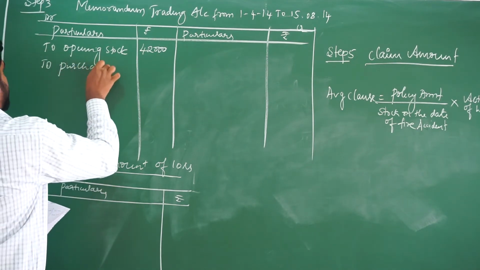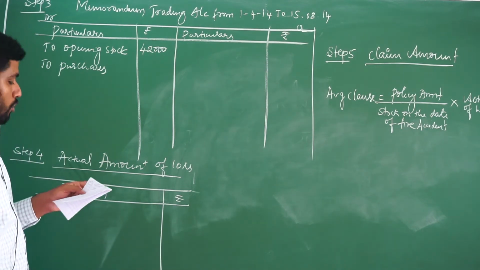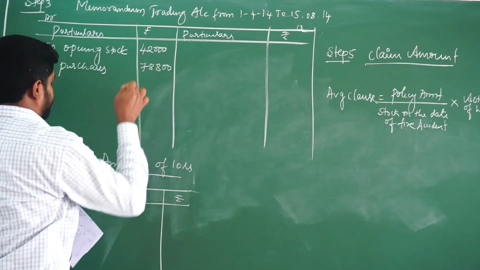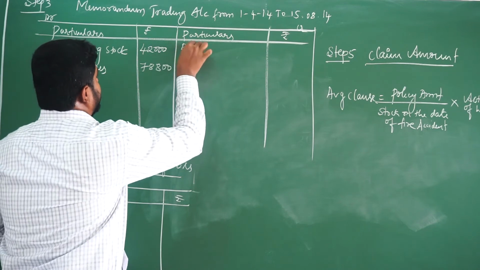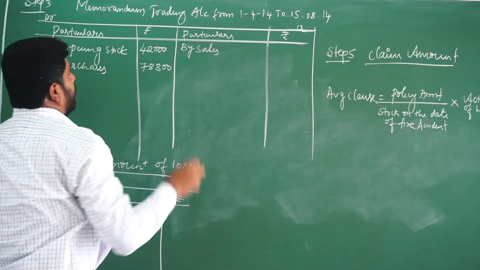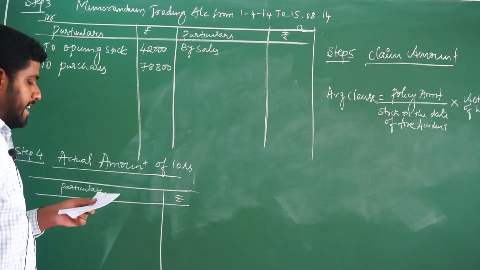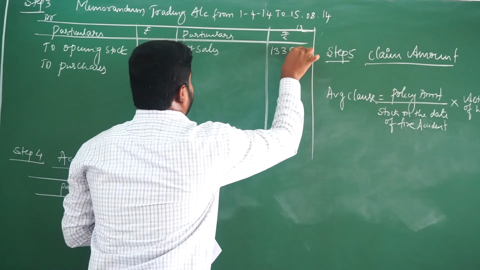So purchases from 1/4/2014 to 15/8/2014 is 78,800. And the next one, sales. Sales should be credited. Sales from 1/4/2014 to 15/8/2014 is 1,33,900.